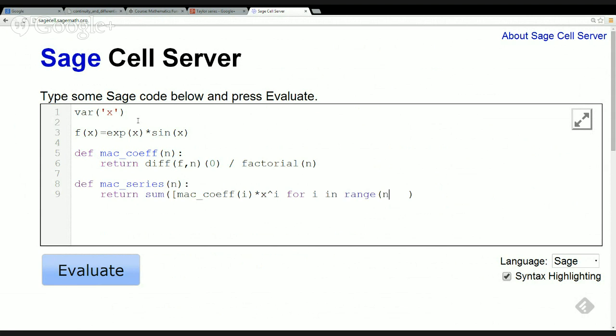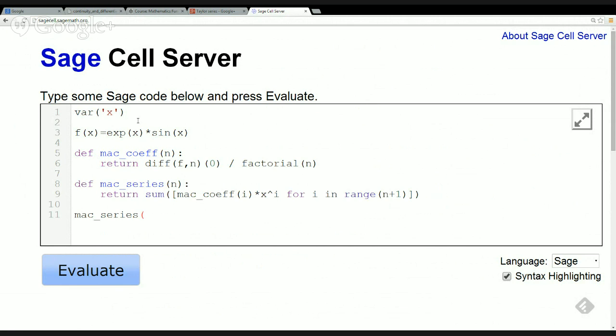Now, range is a funny command. It goes up to, but not including the last argument. So when I do range n plus 1, that produces the range of integers from 0 to n. So I think that's looking right.